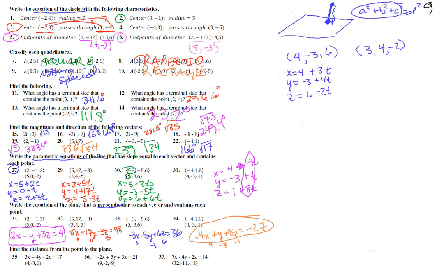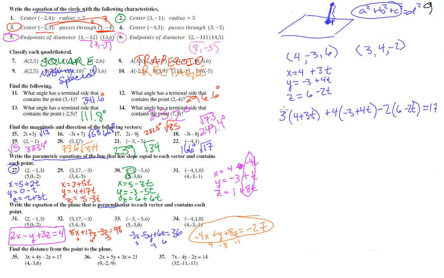All right, now let's figure out which t will make this line cross the plane exactly. So we're going to write out this equation. 3x, that's 4 plus 3t, plus 4y, that's negative 3 plus 4t, minus 2z, which is 6 minus 2t, and this all has to equal 17.